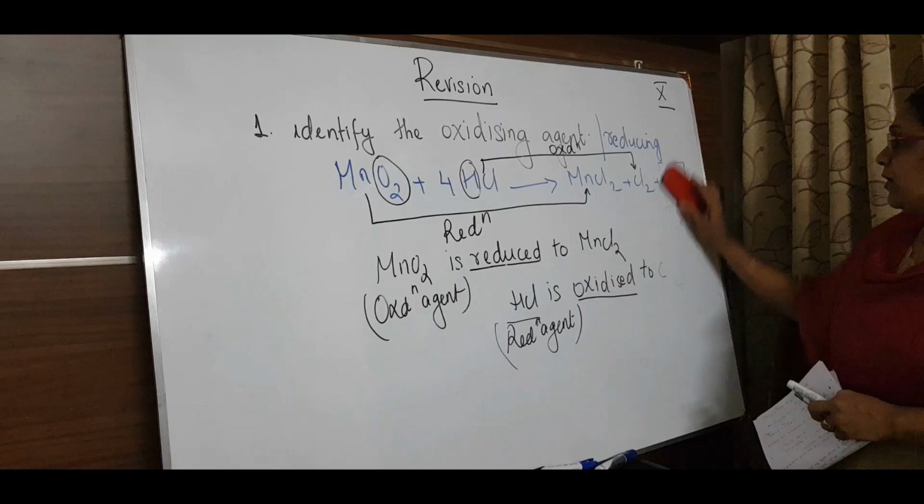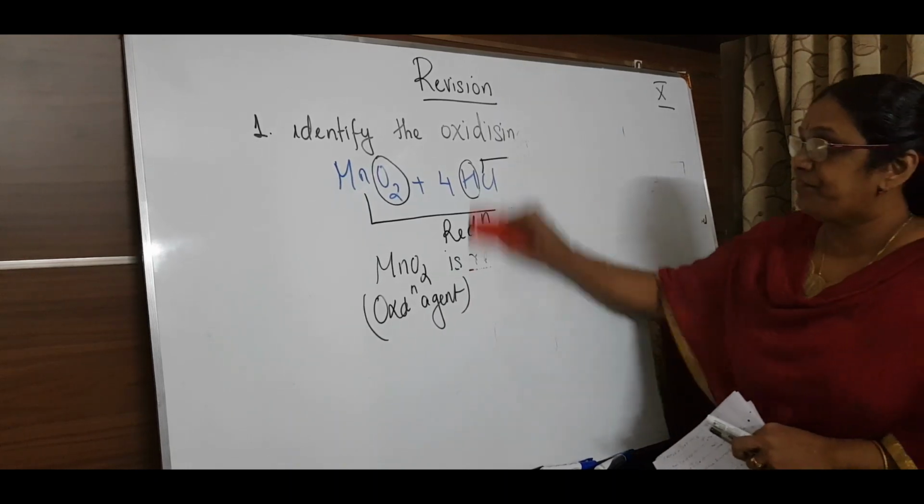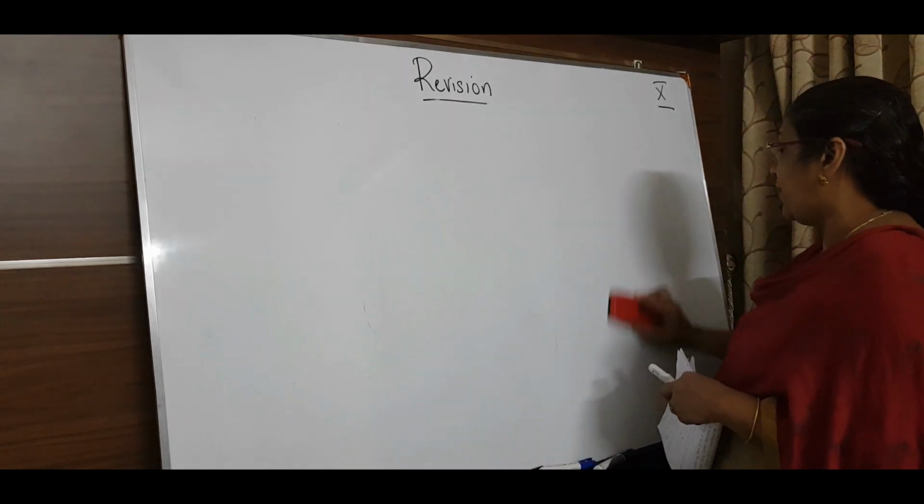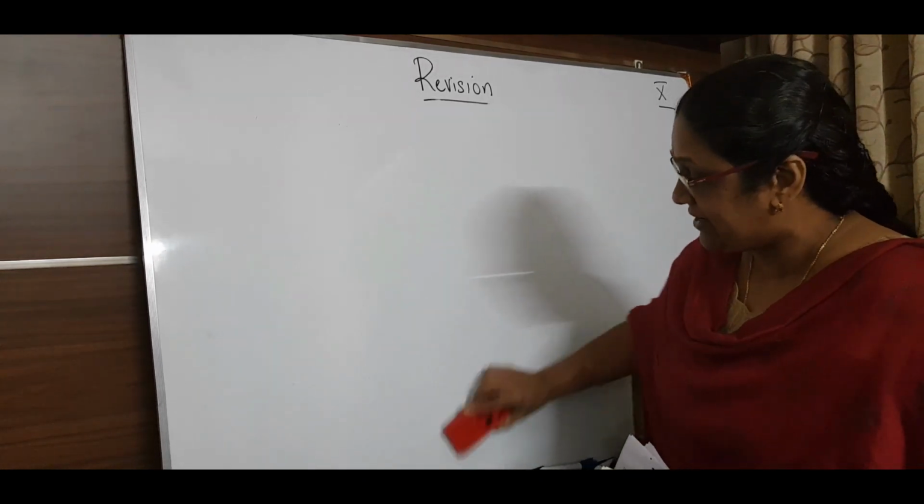Okay. Now going on to the second question. See what the second question is. Hope you have all written it in the science notebook, what I have sent to you.